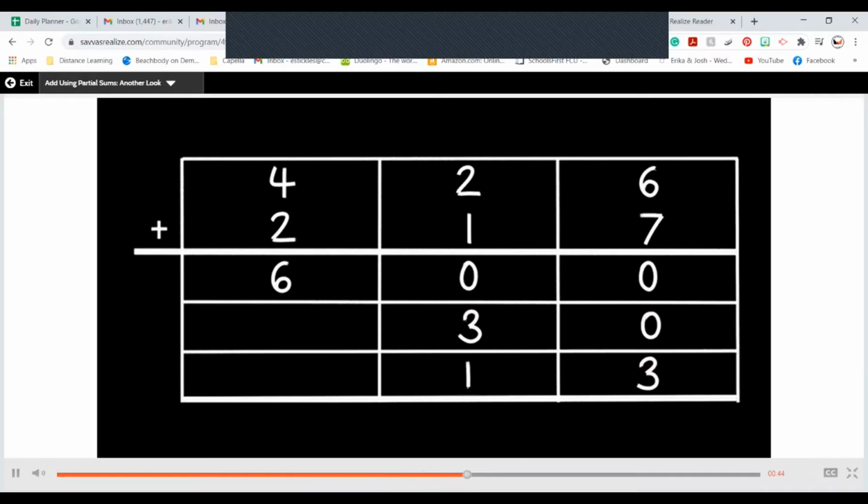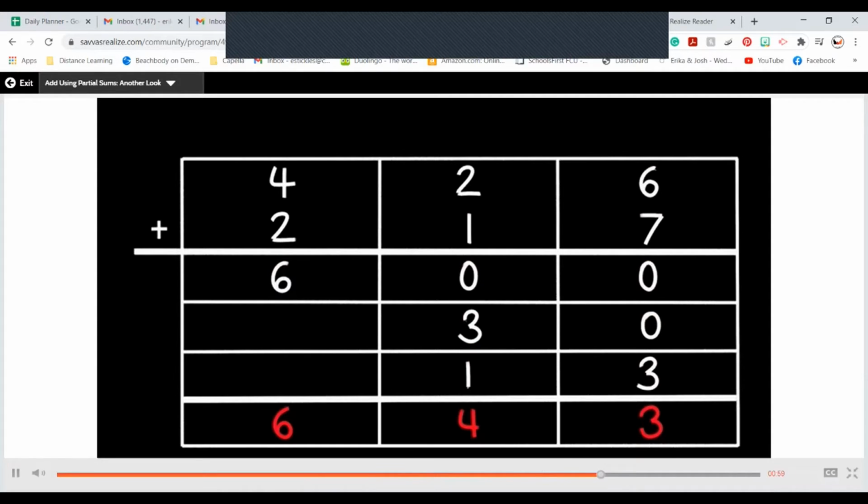We now have 3 partial sums, 600, 30, and 13. Now, just add it all together. 600 plus 30 plus 13 is 643. So 426 plus 217 equals 643.